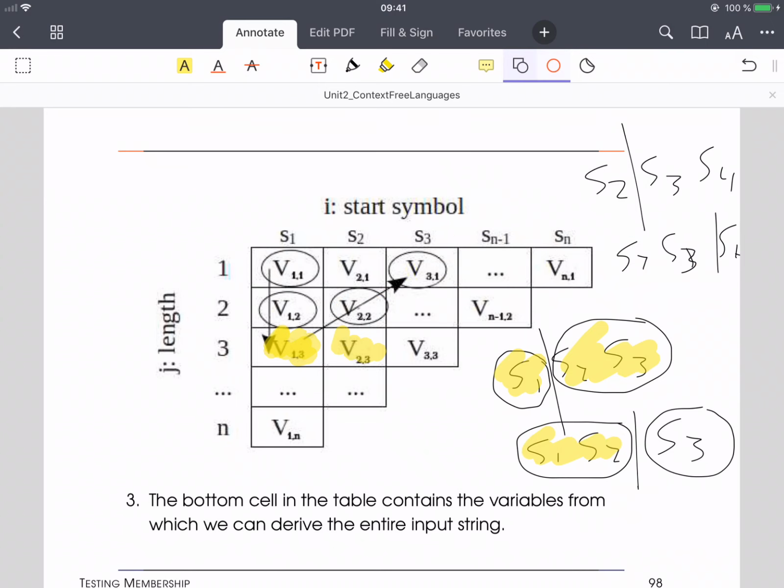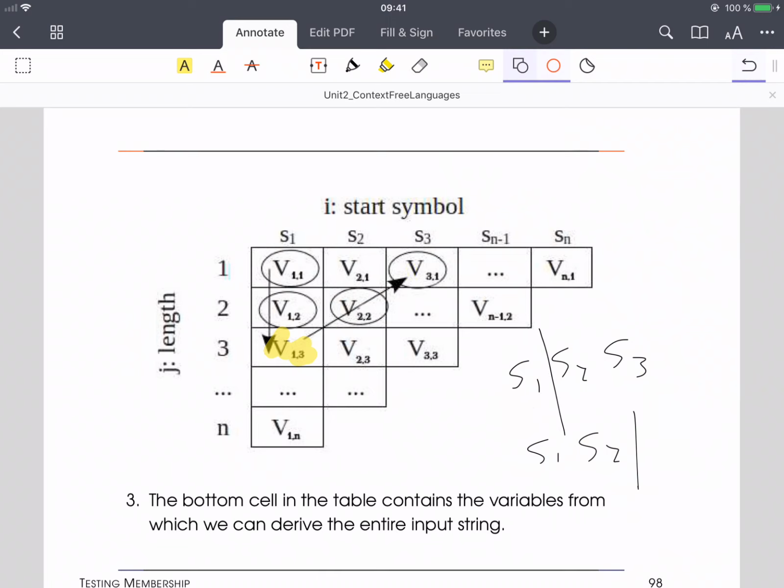Let's see what happens with the variables in another row. For instance, in row 4, let's take a look at this row here.